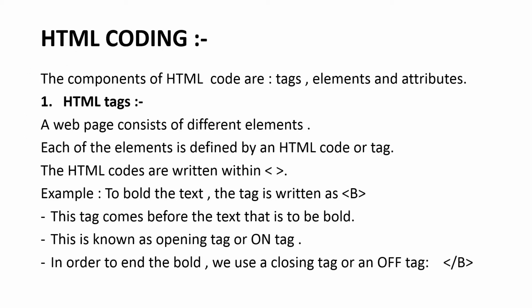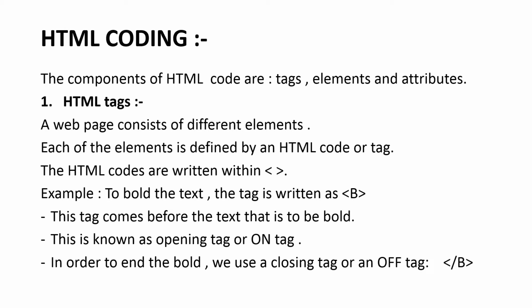Okay, now first we will see about HTML coding. There are three components in HTML code, and they are tags, elements and attributes. Now first we will see about HTML tags. The very first component that we are going to see is HTML tags.